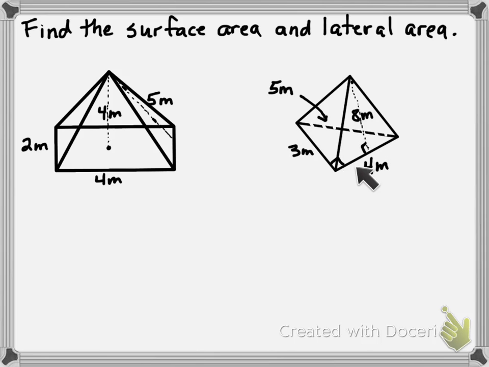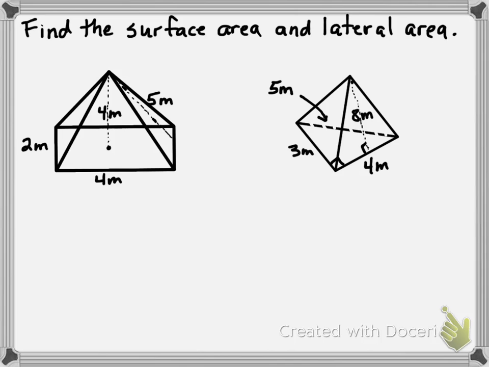So this 3 and 4 meters are perpendicular to each other. And then this means that this dotted line is perpendicular to this solid line on the bottom. Okay, so you've got a triangular pyramid, you've got a rectangular pyramid. You need to see if you can find the surface area and lateral area of each, and then we'll look at them together.